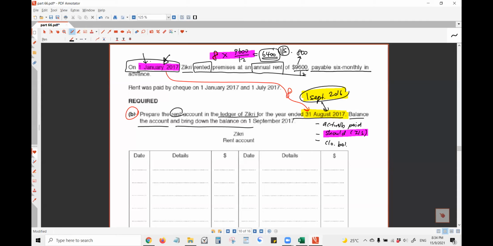Payable 6 monthly in advance. This line is important. Let's interpret it one by one. Payable 6 monthly, what does it mean? Every time Decree makes payment, Decree pays for 6 months straight, 6 months long of rent.